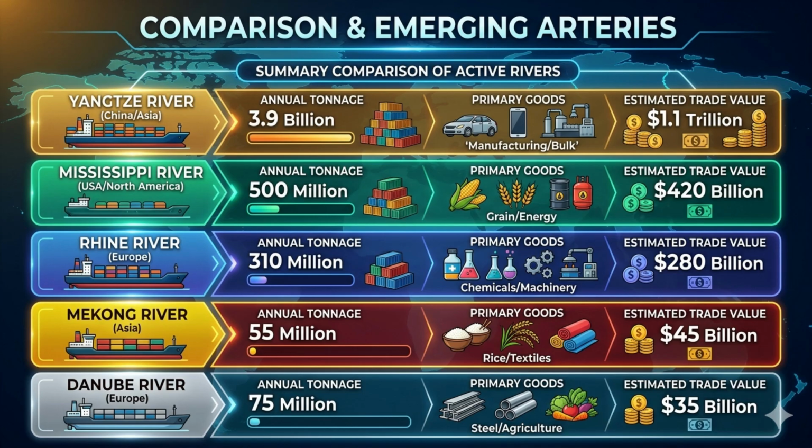For this slide, I chose a few for comparison: the Yangtze, Mississippi, Rhine, Mekong, and Danube. I put down the annual tonnage of products that flow through these rivers, plus the primary goods and the reported trade numbers. Some of the numbers are from 2024 and some from 2025, depending on the latest figures I could secure from other people's research reports.